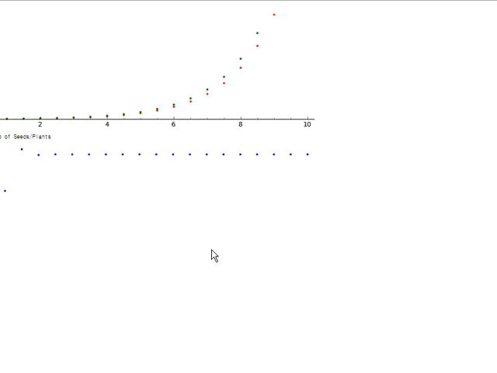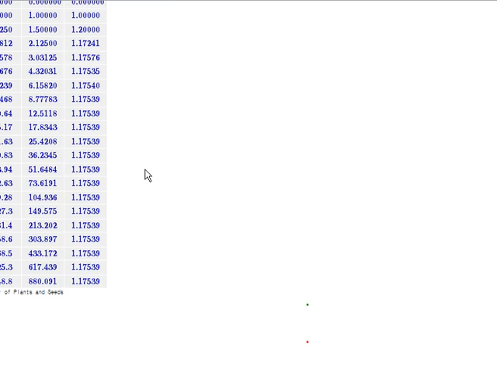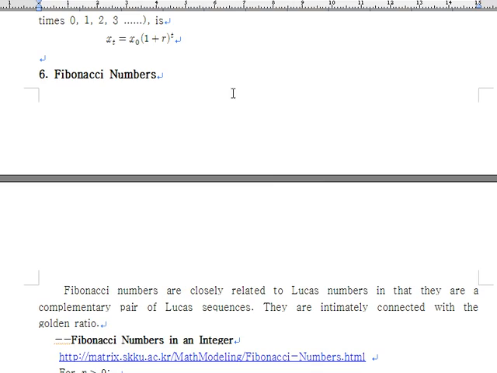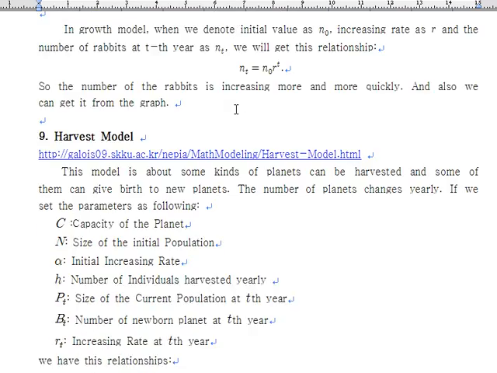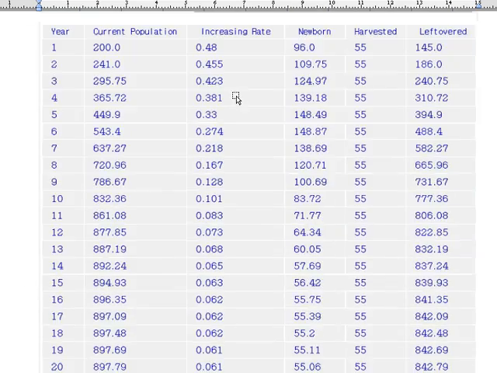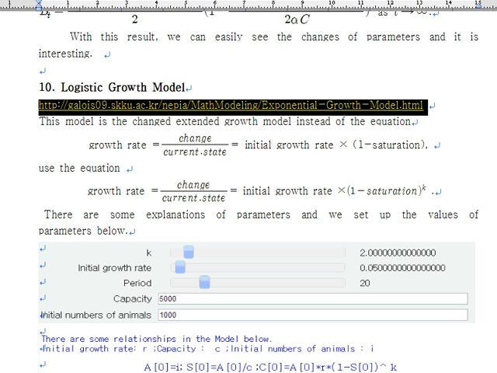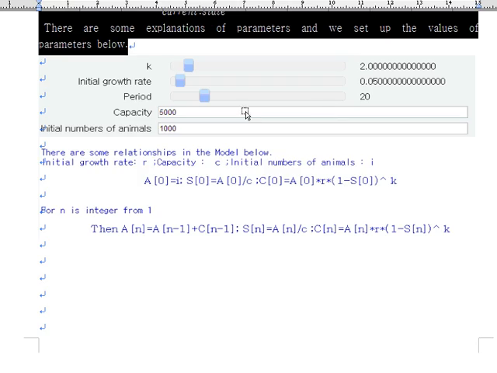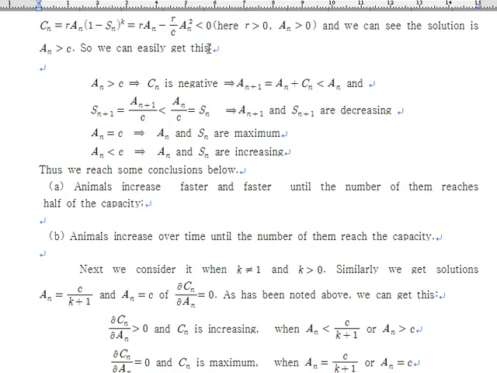In this way we can understand the models clearly. These are the models which we made, some by me and some by our classmates. This way we make the Sage cells on this website, do analysis, and get some results.